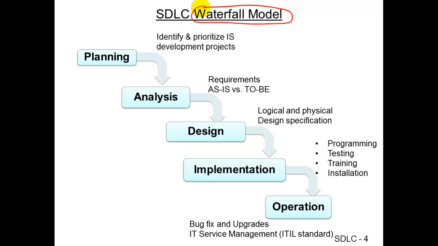Those two are more or less like a waterfall model implicitly. The waterfall model shown here implies you have to finish the planning before you can move on to the analysis phase. You have to finish the analysis phase before you can move on to the design phase. So it's step by step, like a waterfall.